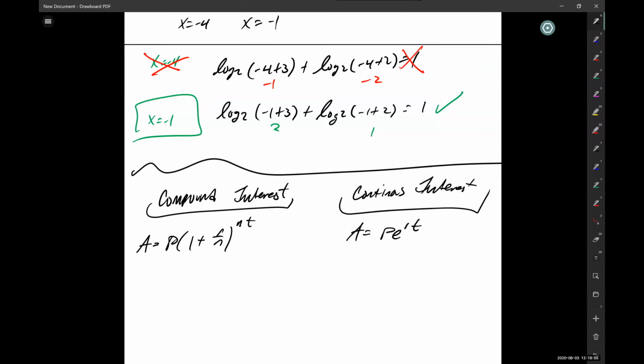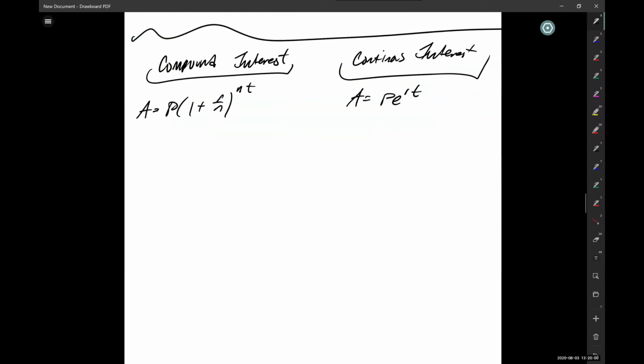So just some quick examples, two straightforward ones. Let's say we have $3,000 in an account at 4.2% compounded quarterly.